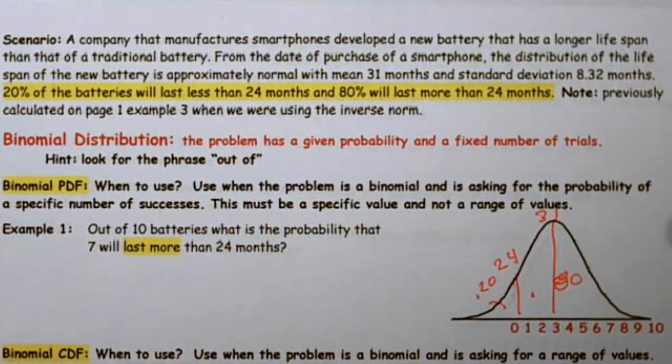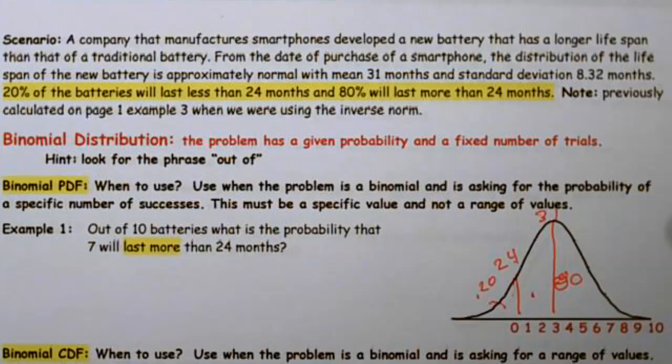So how do I know when to use a binomial? I use the binomial when the problem has a given probability and a fixed number of trials. So in other words, the probability of success is this, or the probability of failure is this. And one of the key phrases to look for is out of.